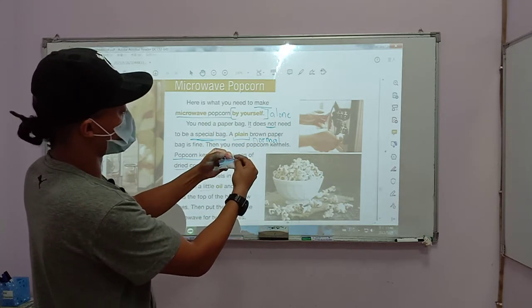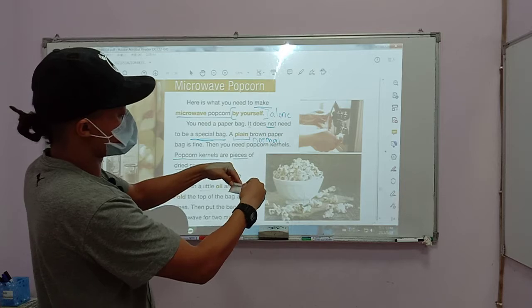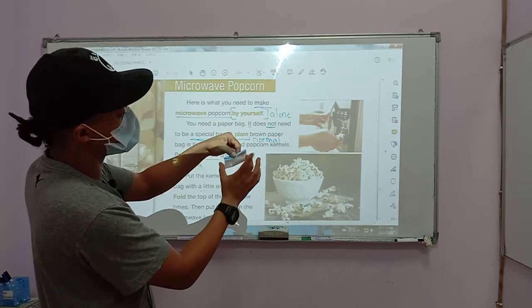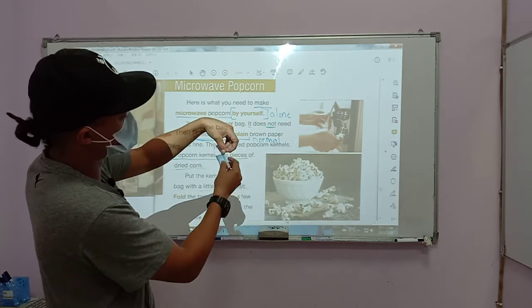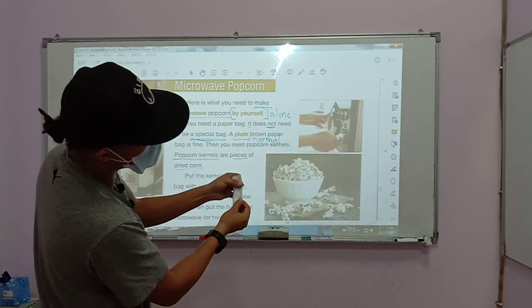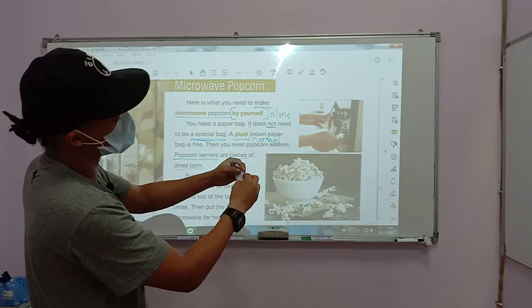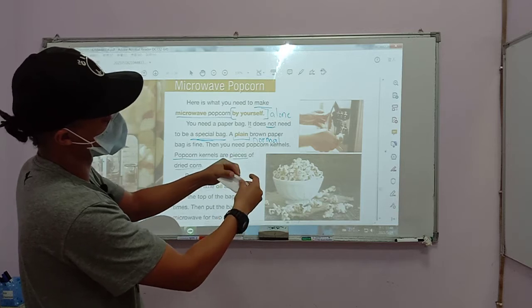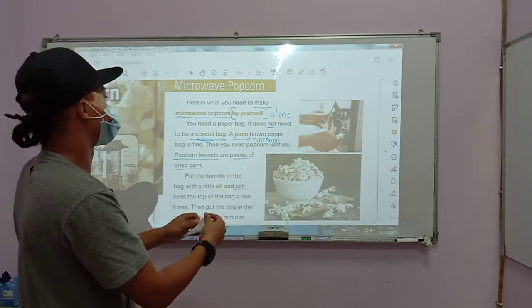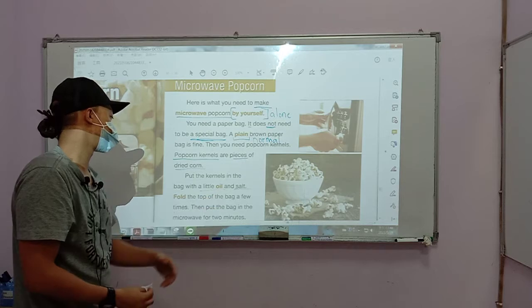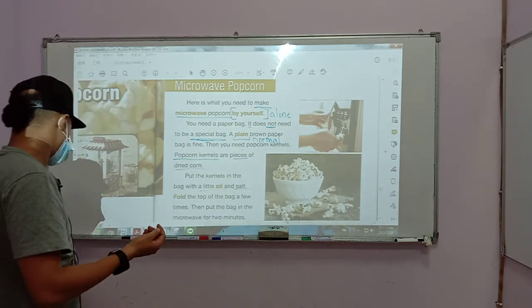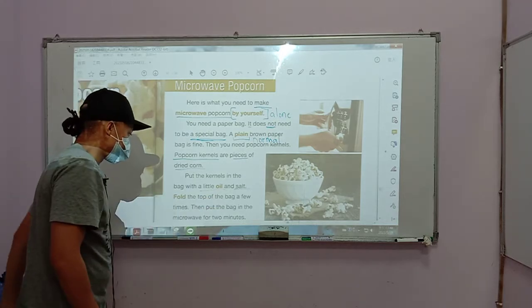Again, I fold it again, and now whatever is in my bag cannot fall out, okay, because I folded it, I closed it like this. If I want to use it again, I just open it up, okay. So that's what they're saying, you got to fold the top of the bag a few times so it's closed.